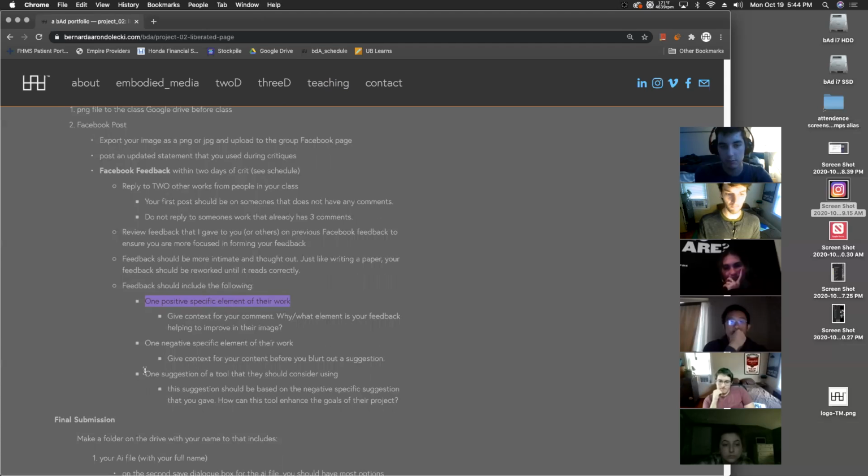And then tying it up: what's one tool that you could be using? This should be based on some of the feedback you already gave. Like, I really like your use of color, but maybe utilize that into some gradients within these areas that I was talking about that aren't activated. That's generally what I speak of the most when you guys get feedback here.